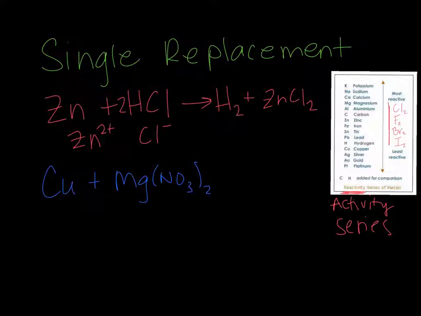All right, so we have copper, and we put it in a solution of magnesium nitrate. And if we look at the activity series, copper is right here, and magnesium is all the way up here. So copper is not reactive enough to replace magnesium. So that means that this reaction will not happen.